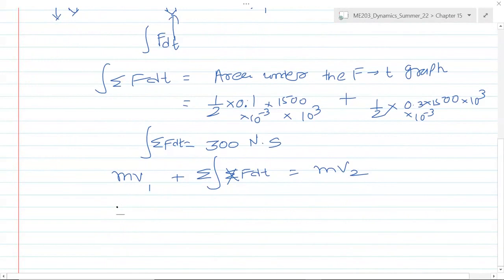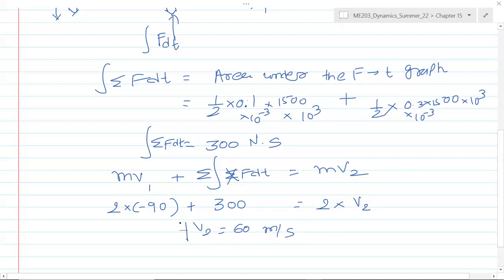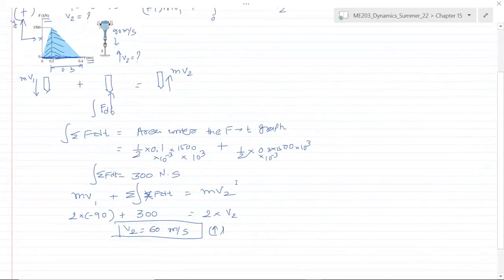The mass of this spike is given as 2 kilogram, v1 is minus 90, the impulse we calculated as 300, and this is again 2 kilogram. V2 is positive because it is in the upward direction. From this we can calculate v2 as 60 meters per second, and it's going up. So that's how we apply the principle of linear impulse and momentum and calculate the final velocity of the spike.